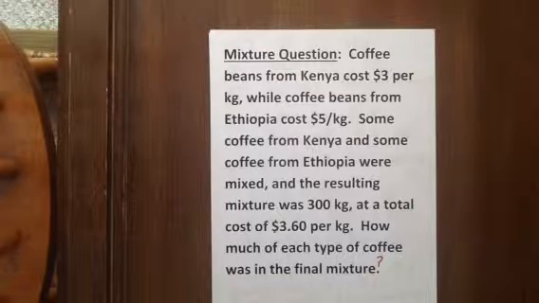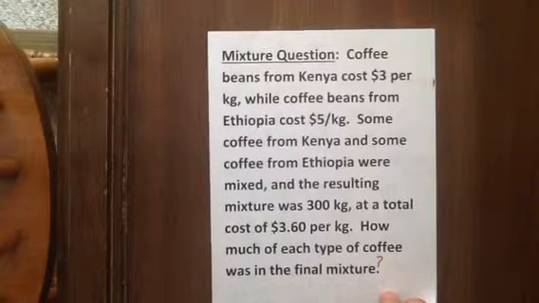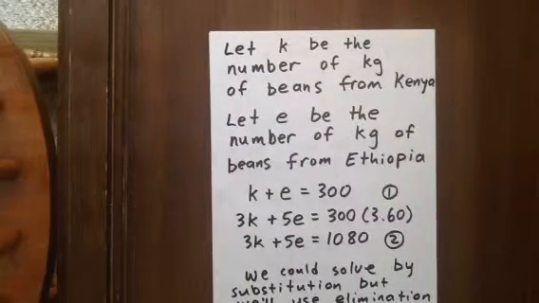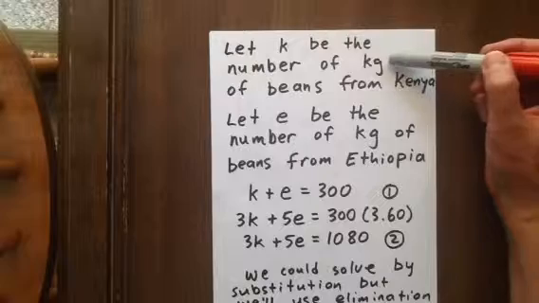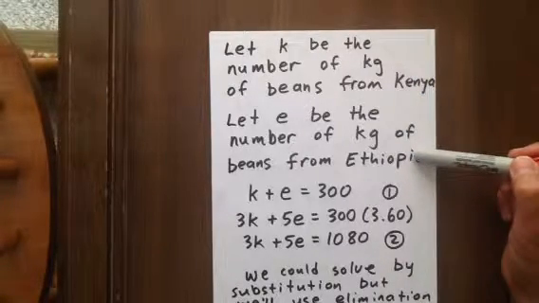And the 2 types of coffee are Ethiopian coffee and Kenyan coffee. So our variables should, one of them represent the amount of Kenyan coffee in kilograms, and one of them should represent the amount of Ethiopian coffee in kilograms. So we're going to let K be the number of kilograms of beans from Kenya. We're going to let E be the number of kilograms of beans from Ethiopia.